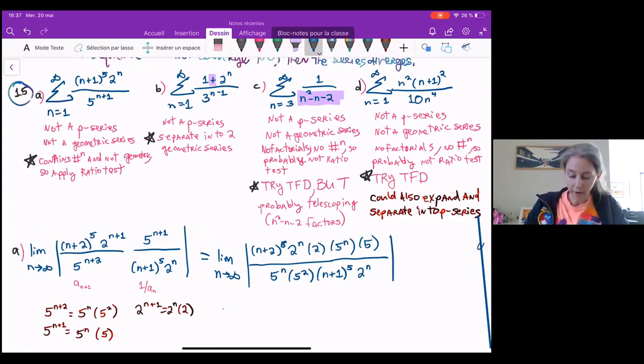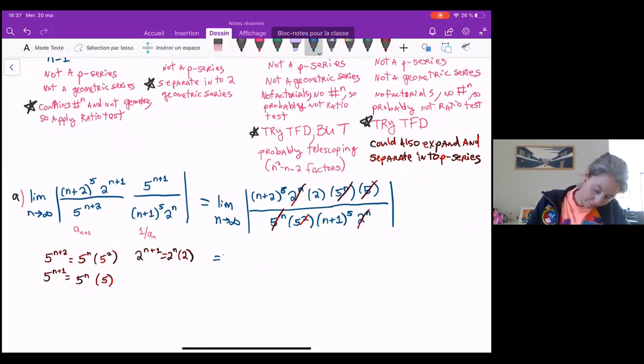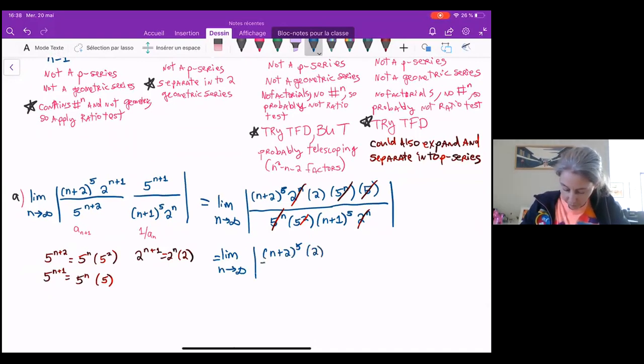And then we cancel stuff out. So goodbye 2 to the n, goodbye 5 to the n, goodbye 5. To get n plus 2 to the 5th times 2 over 5 times n plus 1 to the 5th.